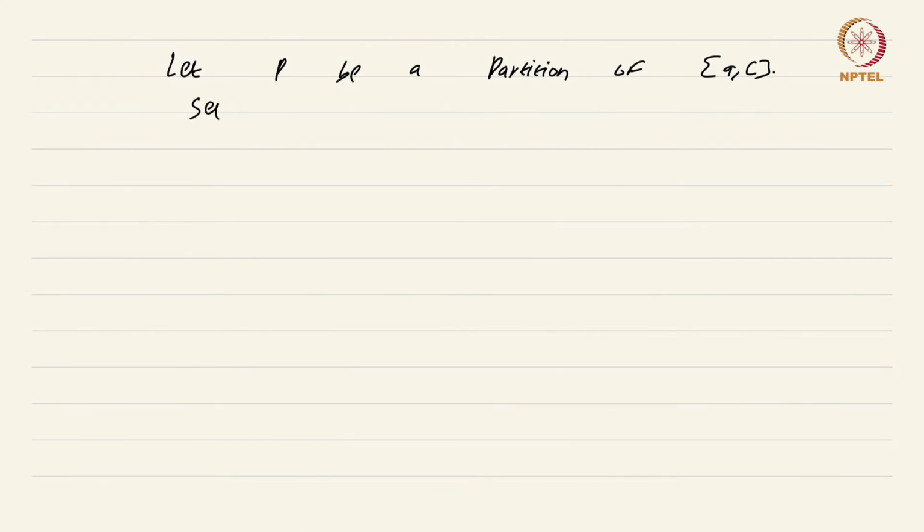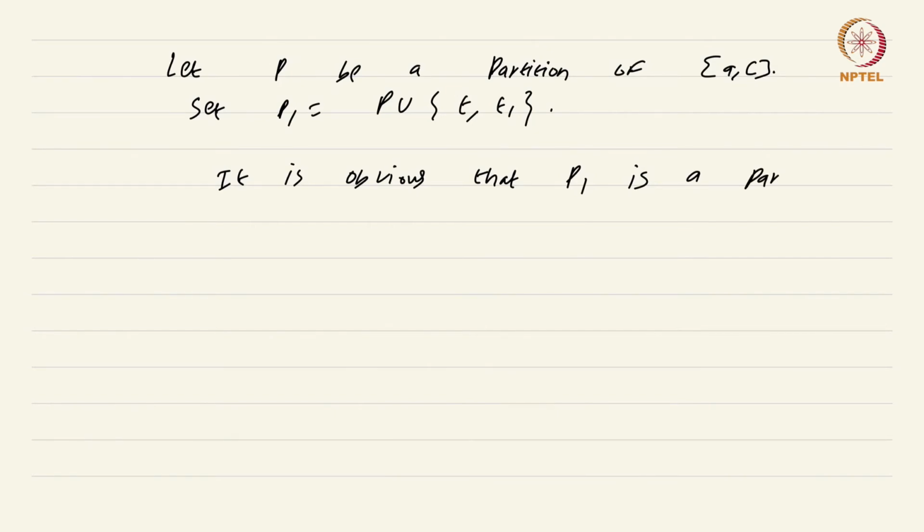Set P1 to be P union {t, t1}. Then it is obvious that P1 is a partition of [a, t].